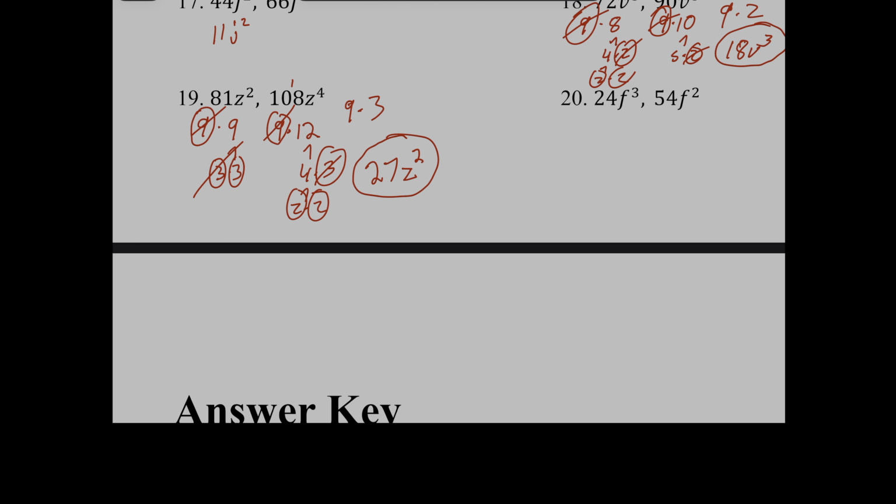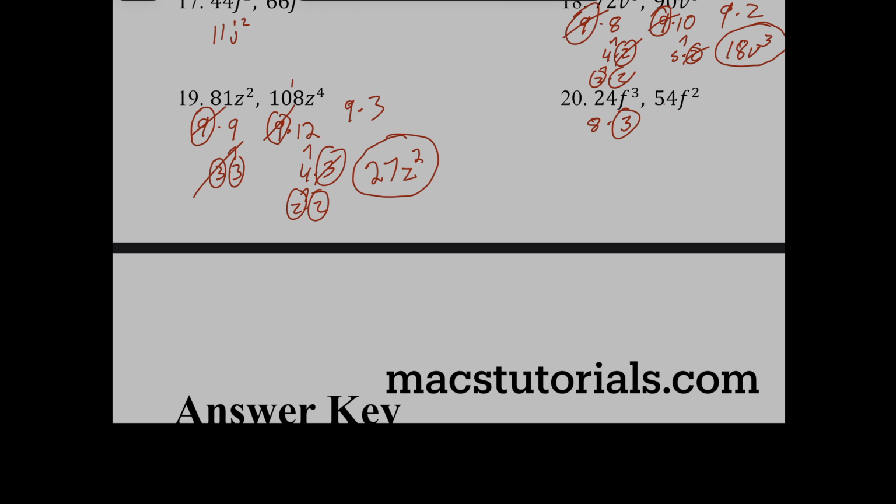And now this one, I have an 8 times 3. I'm not going to do anything with that 8 just yet. 54 is going to be 9 times 6. All right, let's keep it going. This is going to be a 4 times 2. This is going to be a 2 times 2. I just slowed down a little bit in case there was a bigger number, but I'm not seeing it. 3 times 3, and this is going to be a 3 times 2.